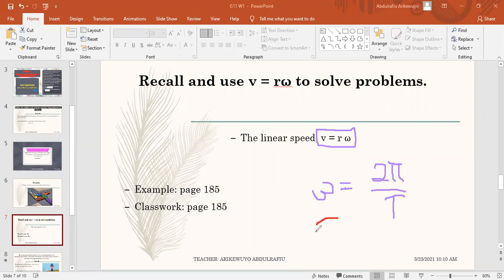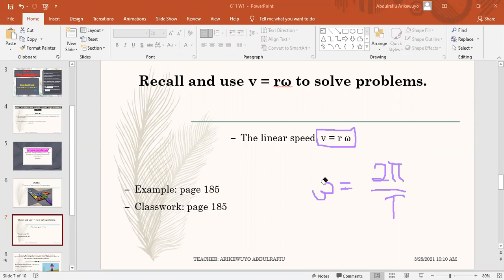Right, the radius. So the r there means radius. When you multiply radius with the angular speed, you will get the linear speed. Is that okay? Don't worry, we'll take examples.